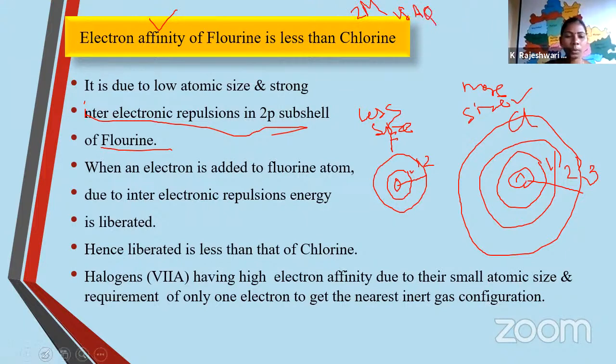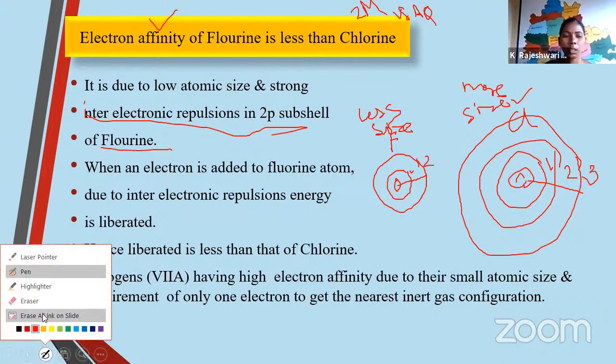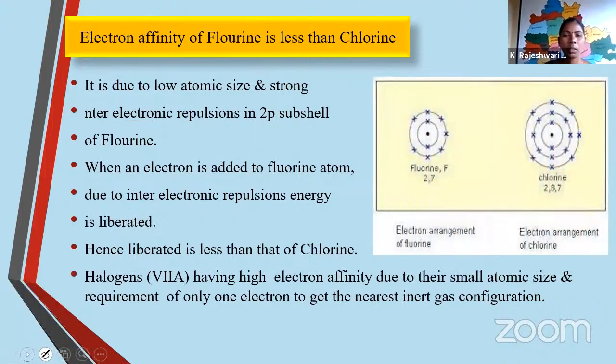Yes. Now let us move on to another important answer, that is ionization potential. See here, in fluorine the first shell has only 2 electrons, and in the second shell totally 7 electrons are there, because it is 2s2, 2p5.